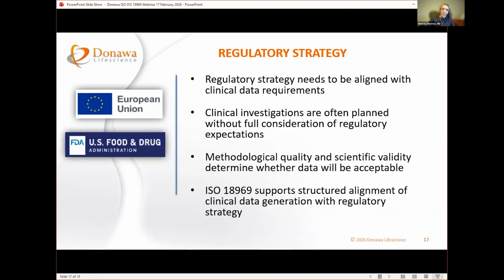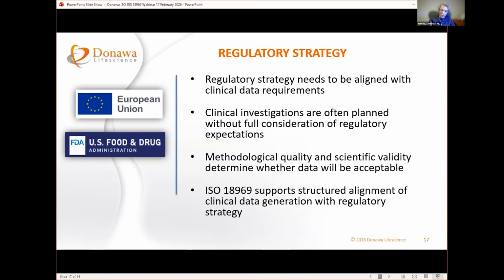In terms of regulatory strategy, and I've put in EU and FDA because again, this whole discussion is about a standard, an international standard. By the way, I might have said it clearly at the beginning, the standard makes the point that you really do need to consider regulatory strategy.